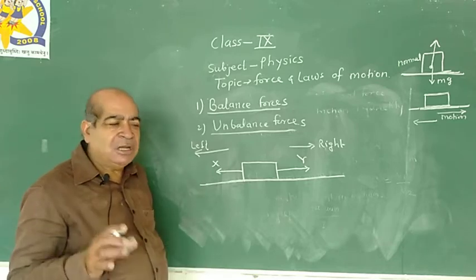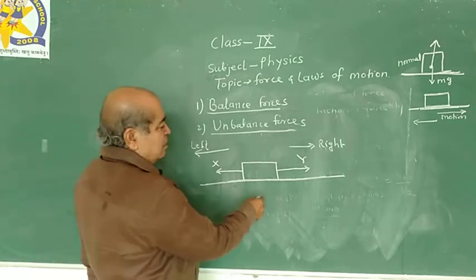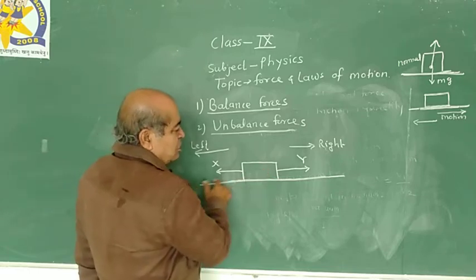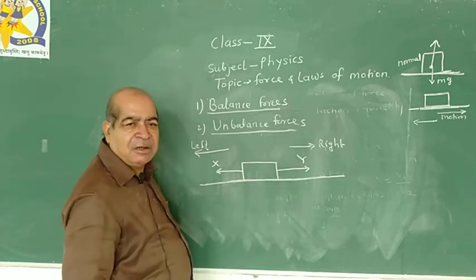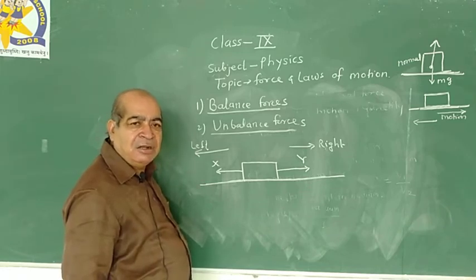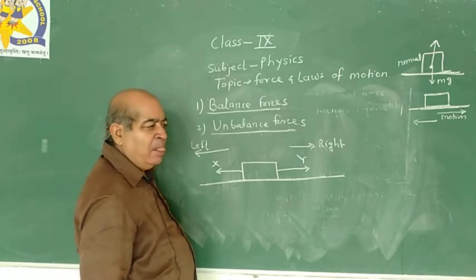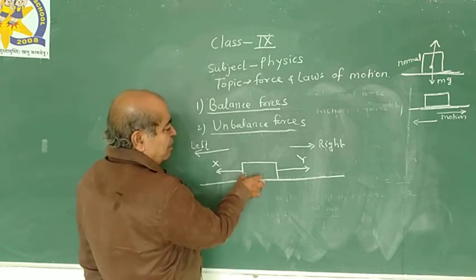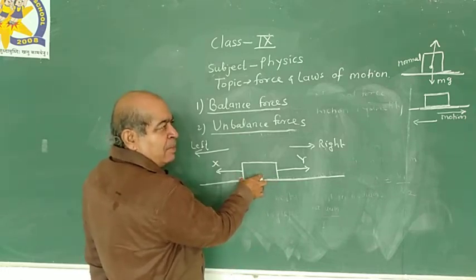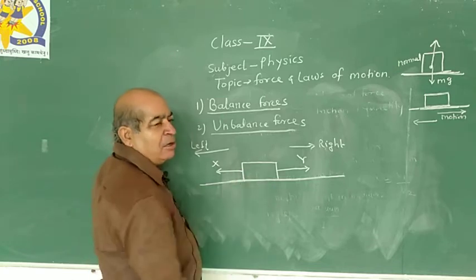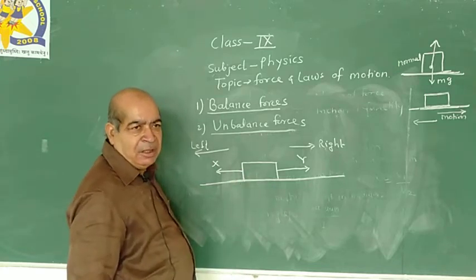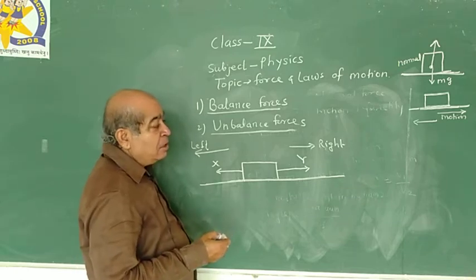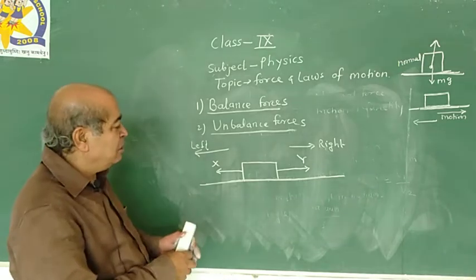Do you understand the experiment? Consider this is the object. It is kept on the horizontal surface of the table, and the forces X and Y are applied to the object at the two ends of the object. So this is the experiment. Now what are the observations?